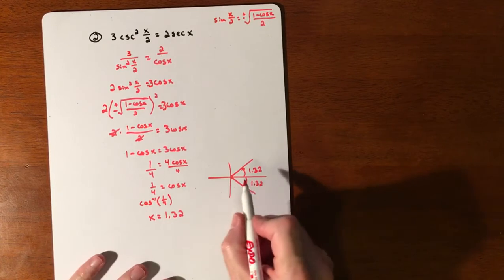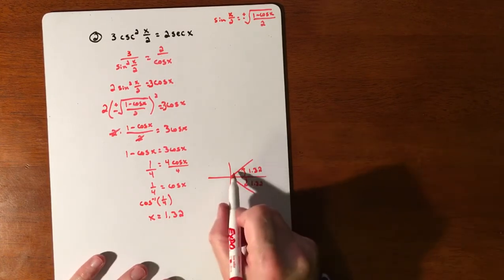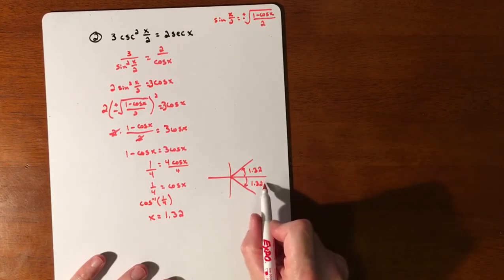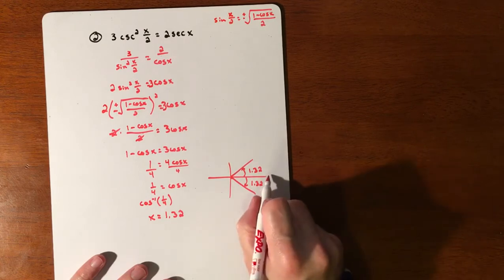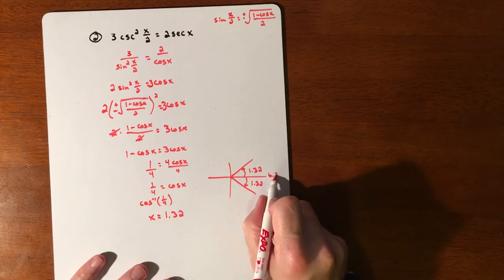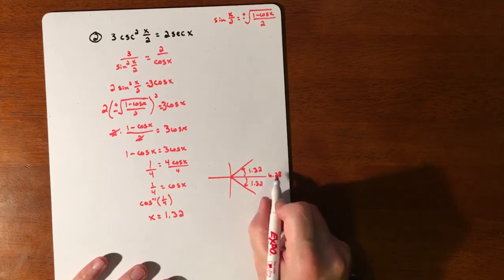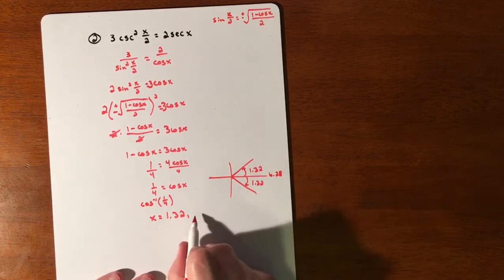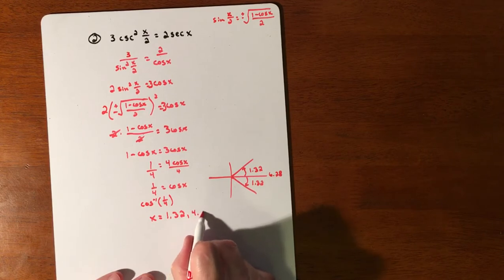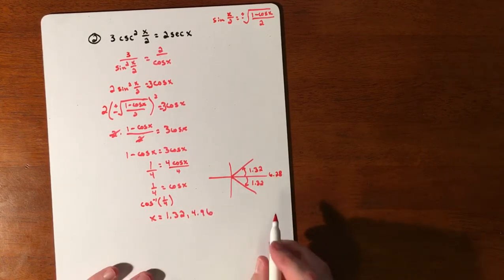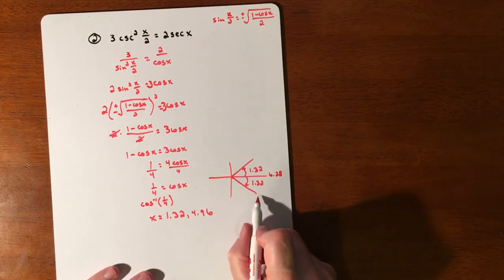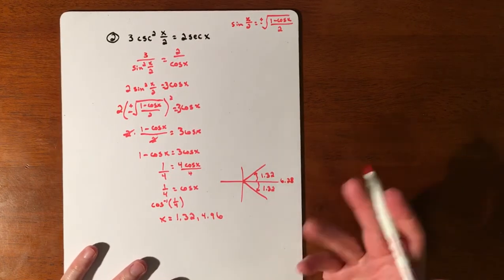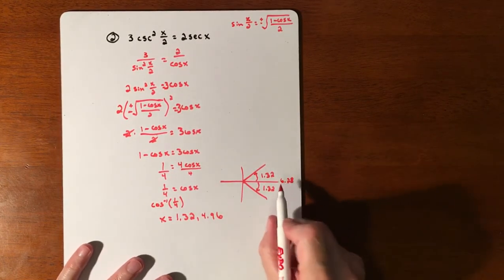So normally if we have it in degrees, we'd be taking 360 minus whatever that angle is, but this is 2 pi. Well, the decimal version of 2 pi is 6.28, so we're going to take 6.28 and subtract 1.32 and get 4.96 for that value.